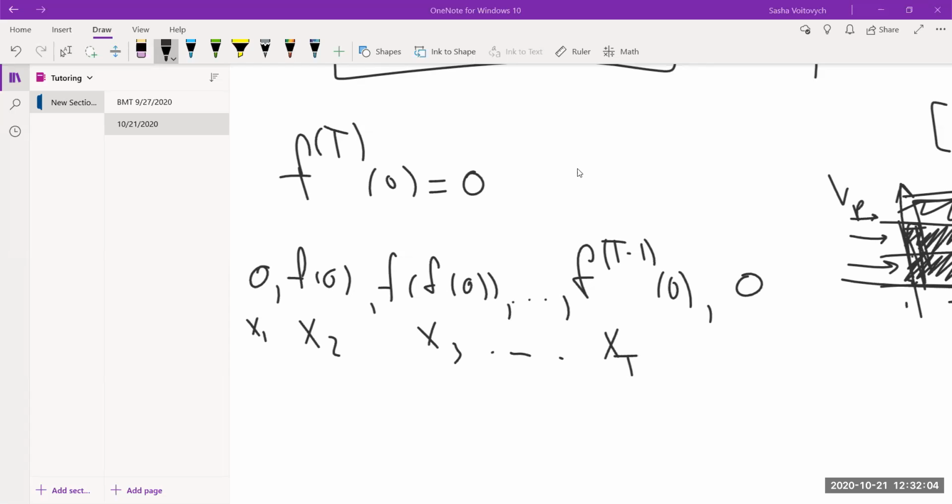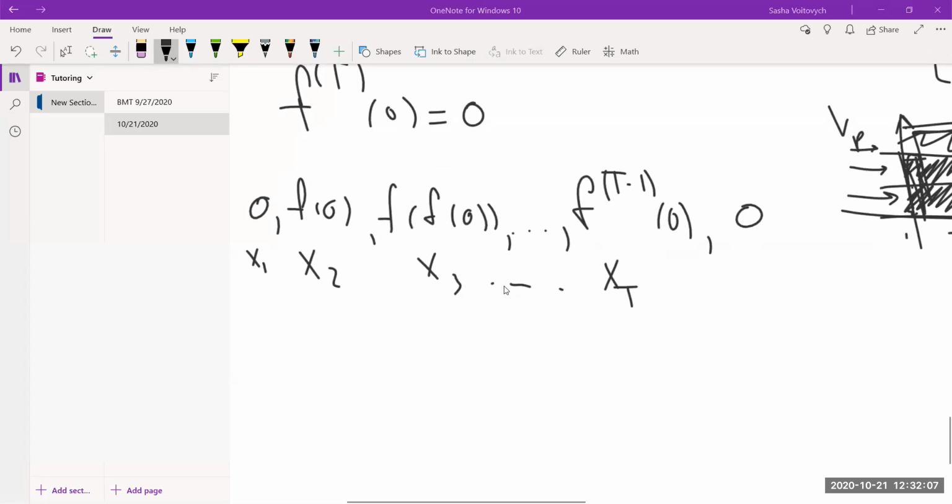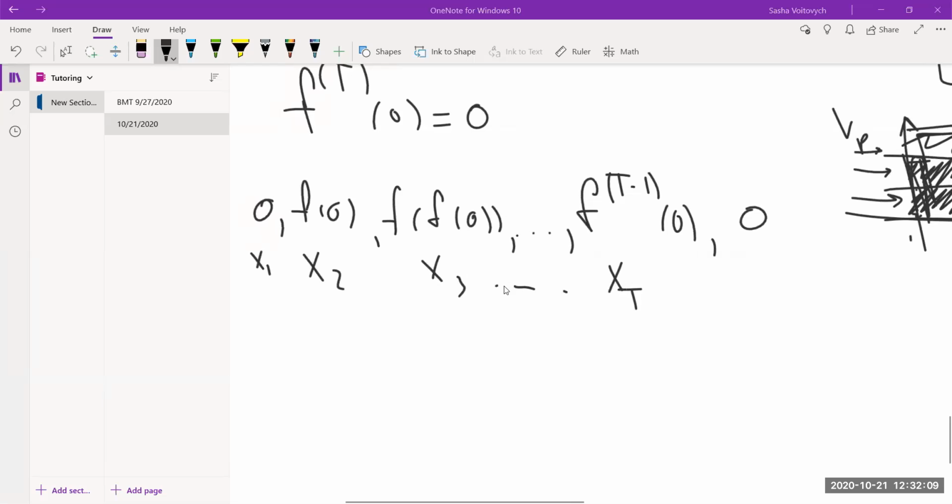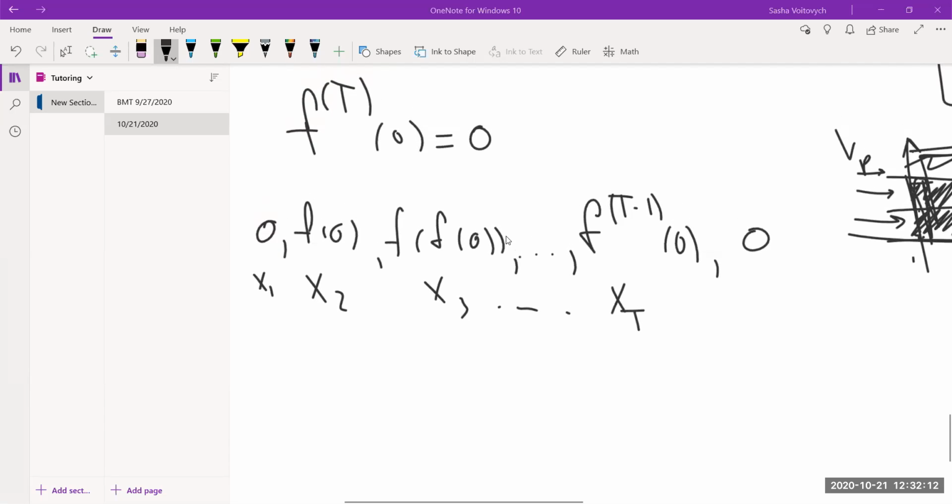So the second observation is that f to the t of xi is equal to xi. Well, this is just true because t is a period.